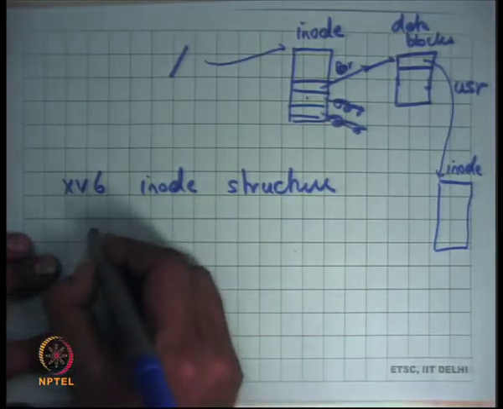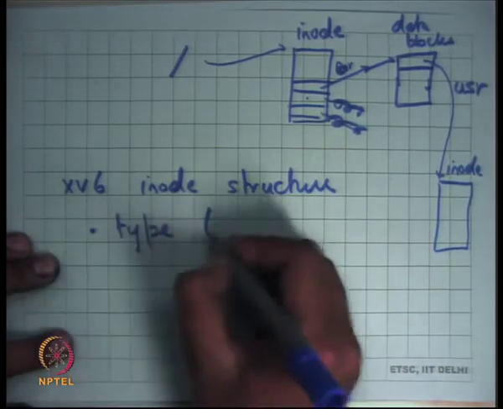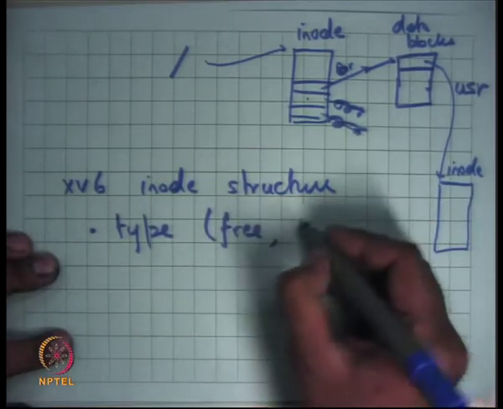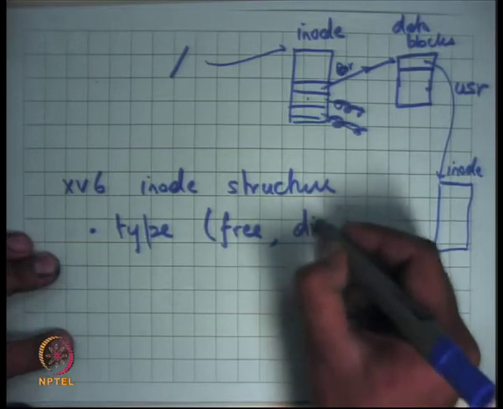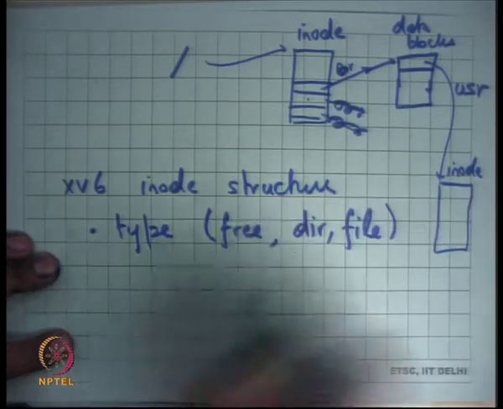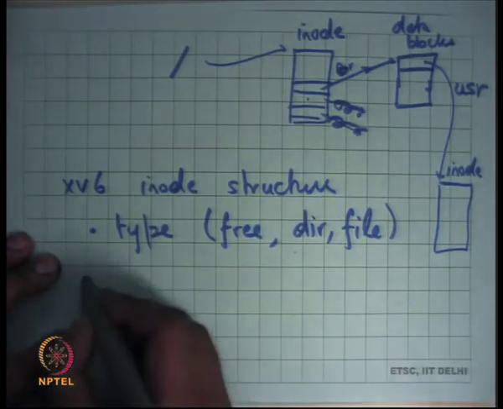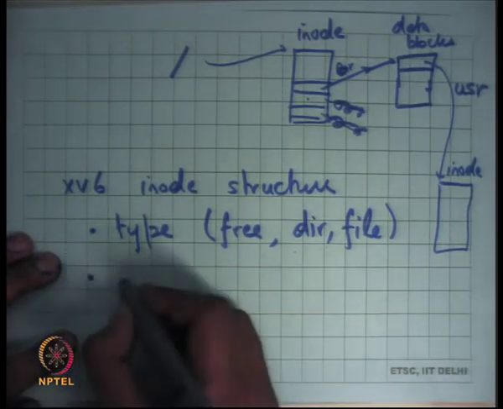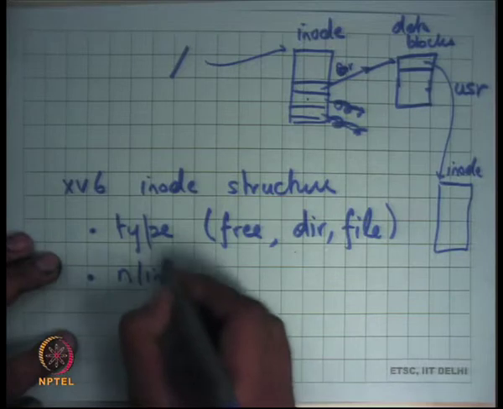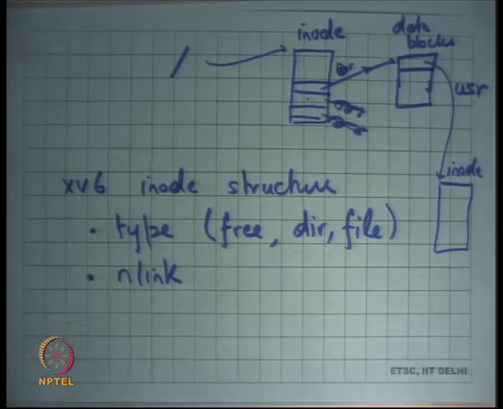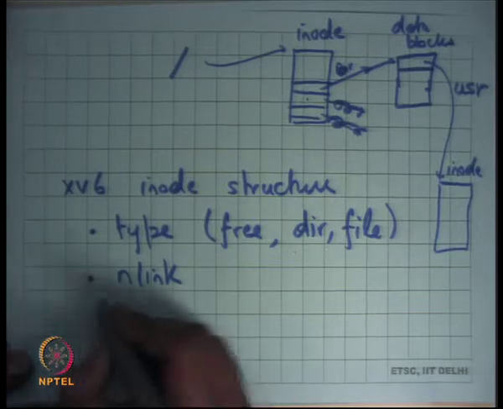You have a type which says whether it's free or directory or file, right? You have nlink, which says how many inward links do I have, right? What's the size?